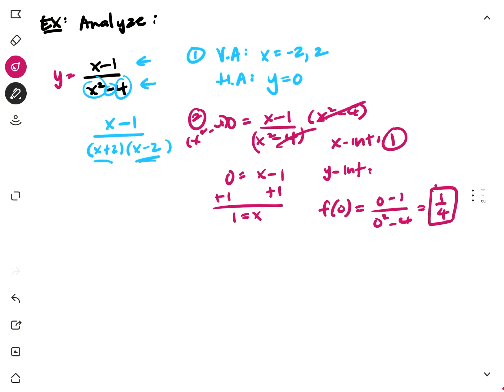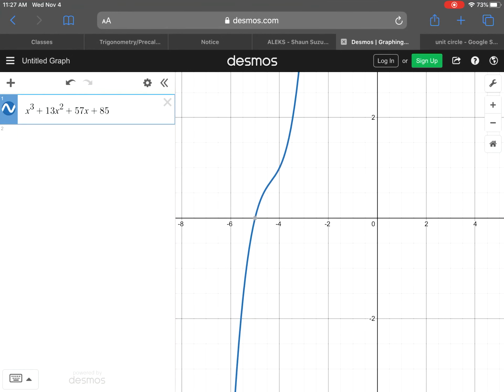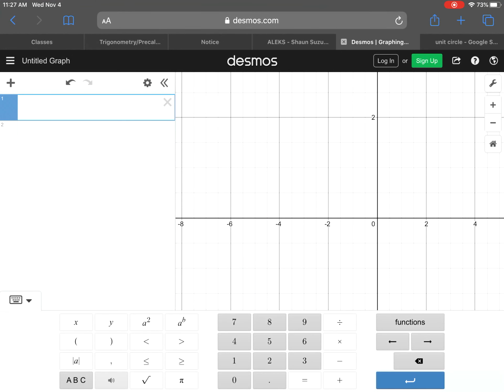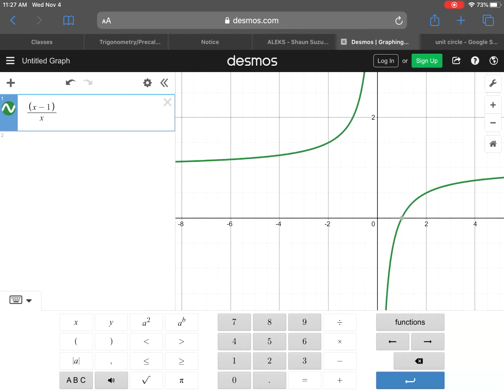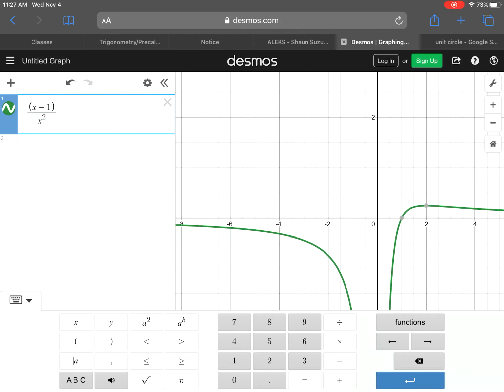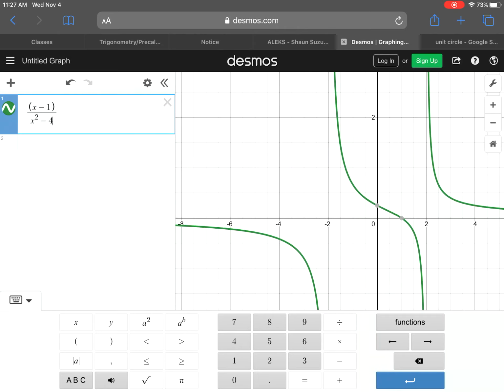Okay, and then it says checkpoints, but at this point, let's just see that our graph is correct. So x minus 1 over x squared minus 4. Let's just check the points.